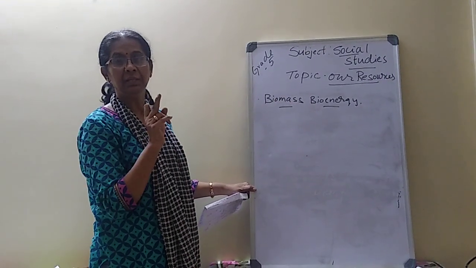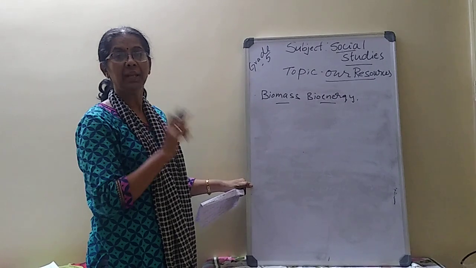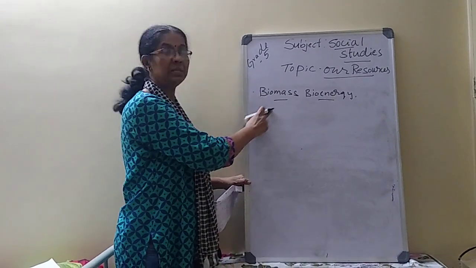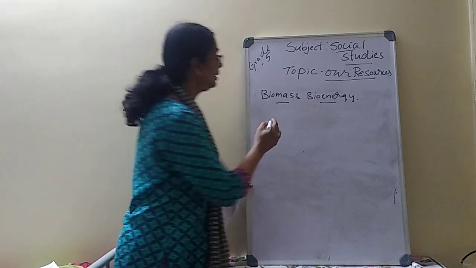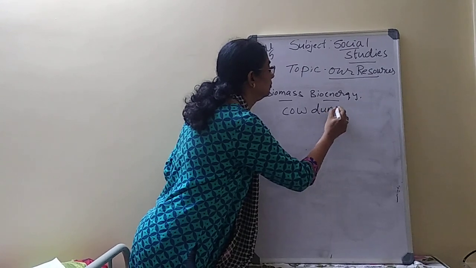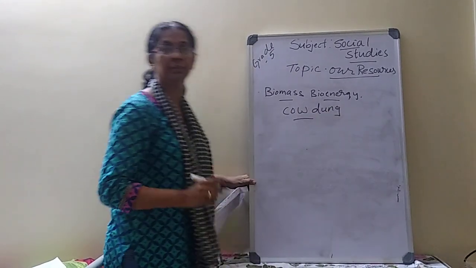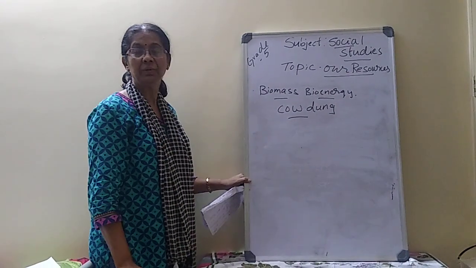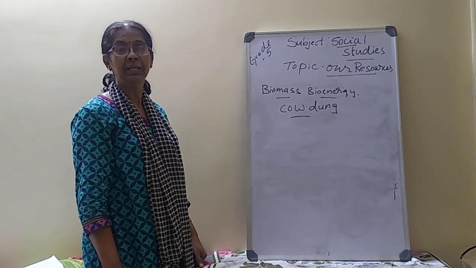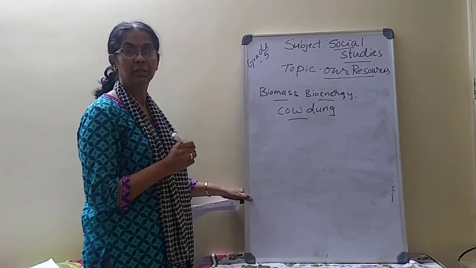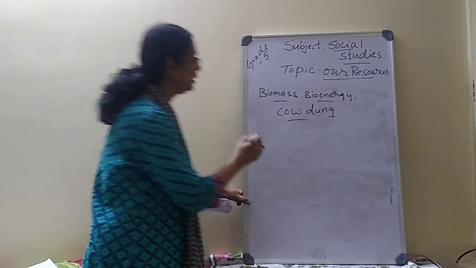Example, cow dung. This cow dung biomass is used for heating and cooking in rural areas. The next renewable resource is soil.